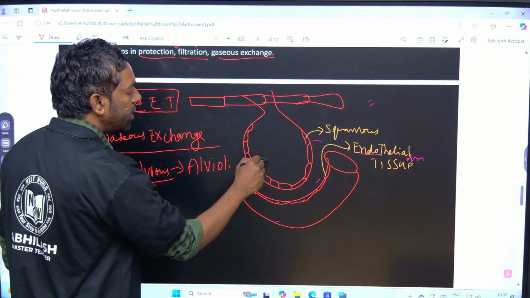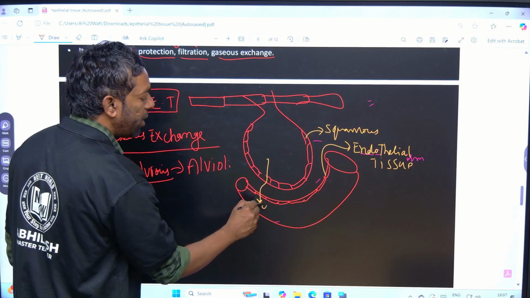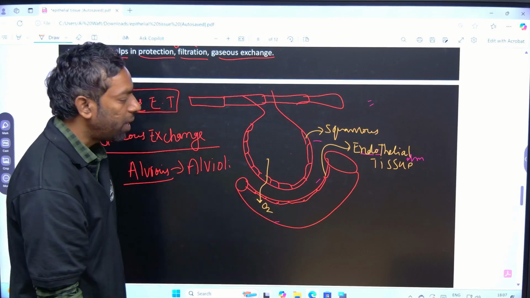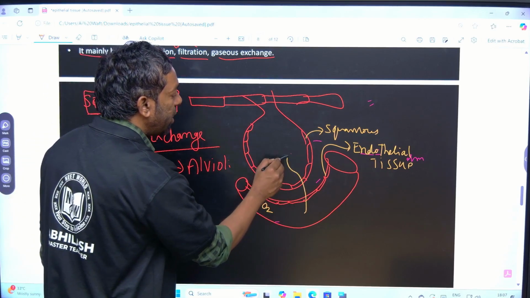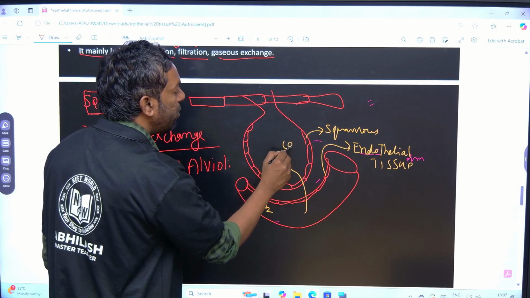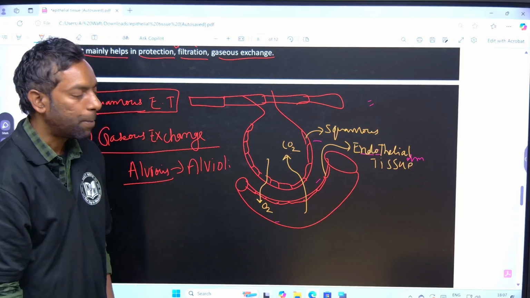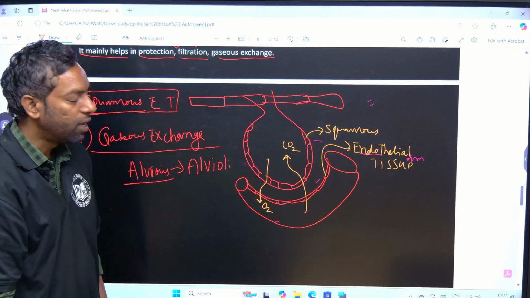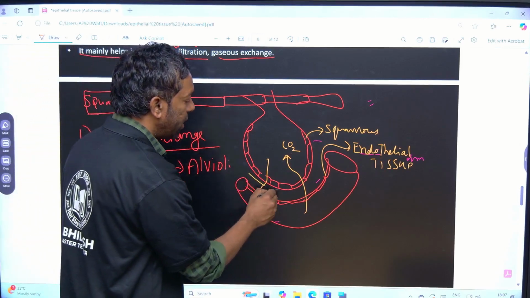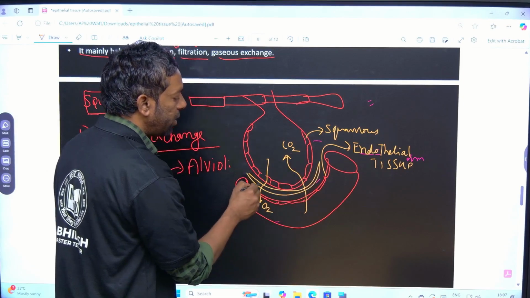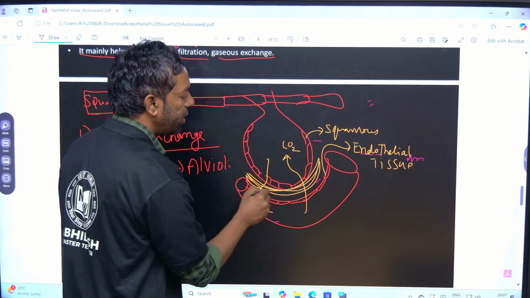In gaseous exchange, oxygen enters into the capillary, and carbon dioxide exits from the capillary to the alveolus of the lung. This is gaseous exchange. They can cross 3 layers, guys. They can ask you in the exam.